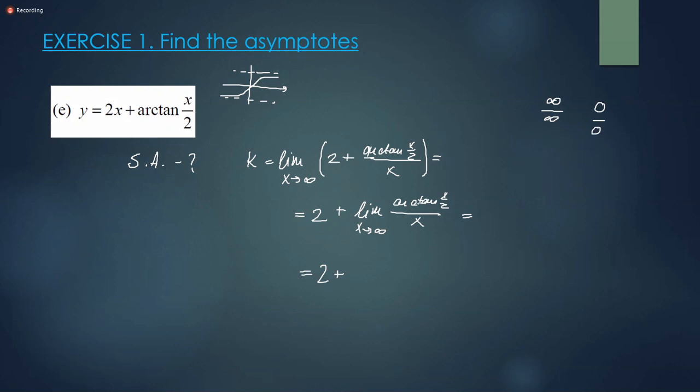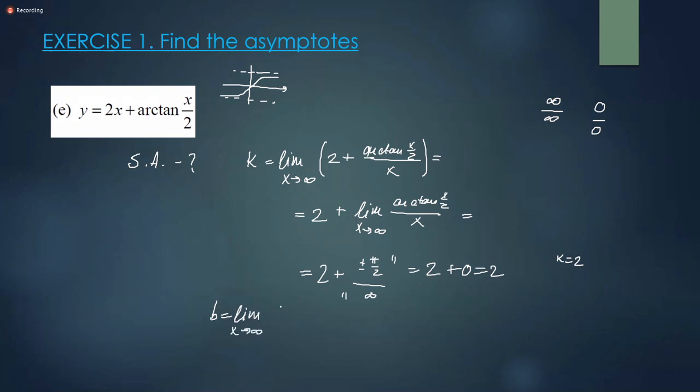Here, arctangent tends to plus or minus pi half. And if you divide by infinity, a number divided by infinity is 0, so the k value is 2. So k is 2.